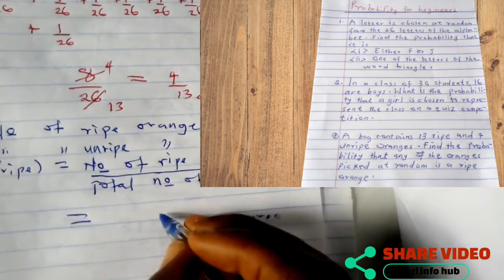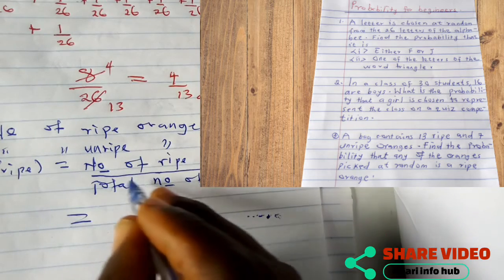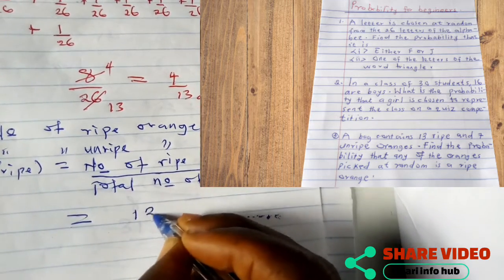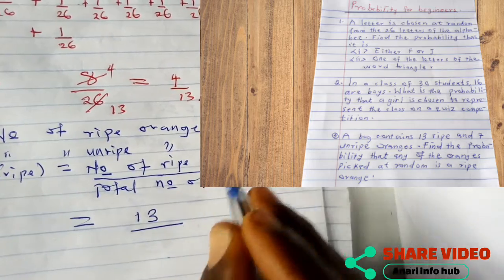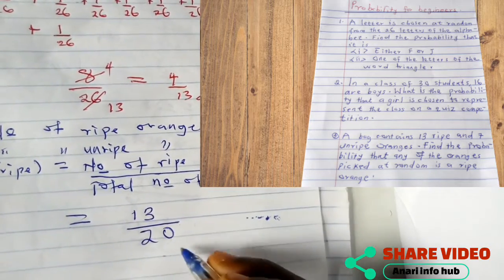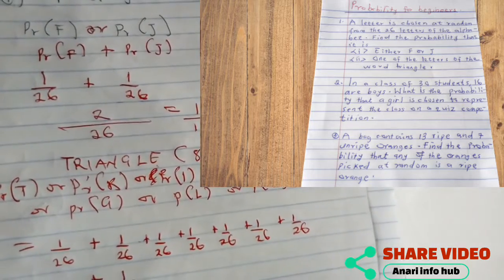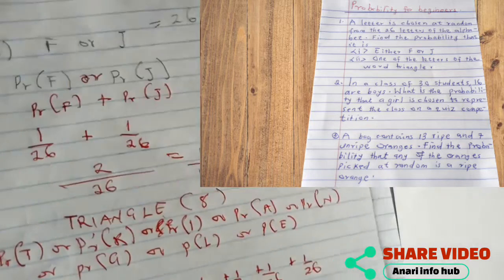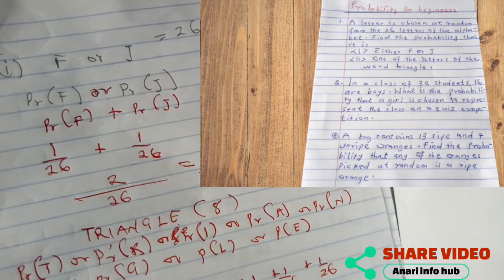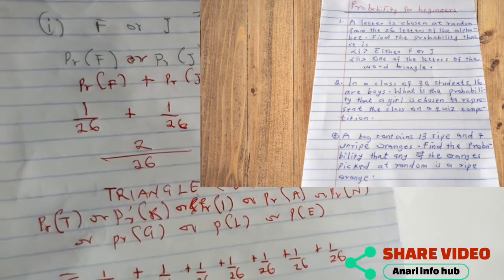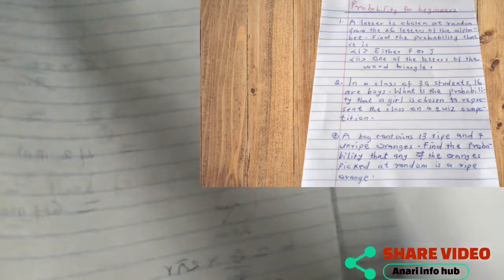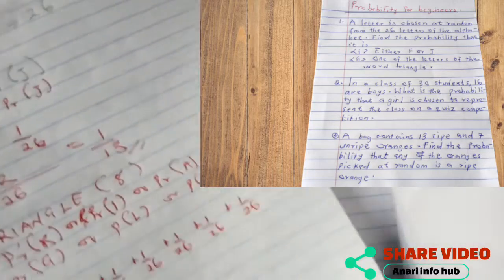This will give us the number of ripe oranges, which is 13, over the total number, which is 20. So scholars, with this we have come to the end of the video, based on the questions that we were asked.